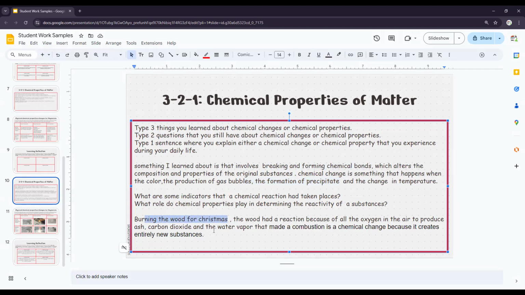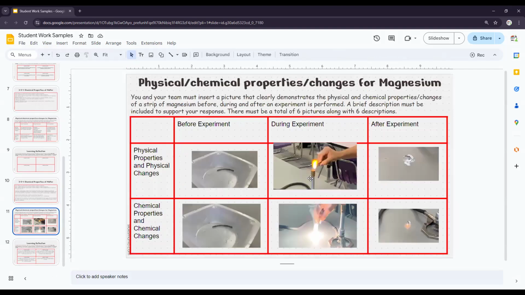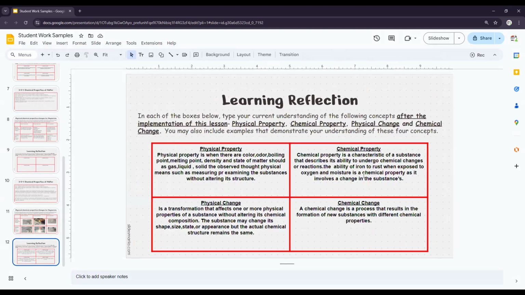She incorporates a lot of information to demonstrate that she has a solid understanding. My senior forgot to include a description, but if you look at the learning reflection, it is written in her own words.